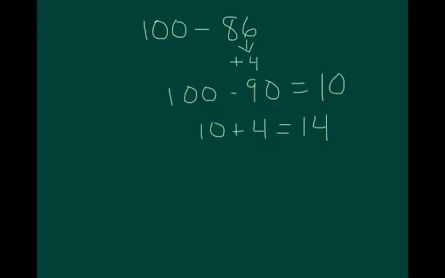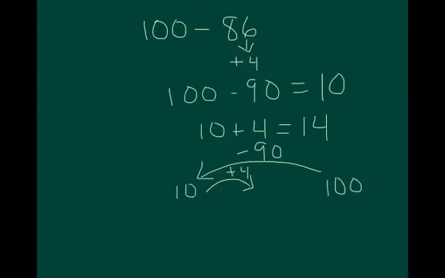Okay, how would that look on a number line? 100 minus 90. Oops, just kidding, that was too much. I need to actually give 4 back. So 10 plus 4 is 14. Okay, you can even see that my 86 is right here when we think about positive and negative numbers. Okay. So I subtracted 90, but then I added 4 back. So my answer is 14.